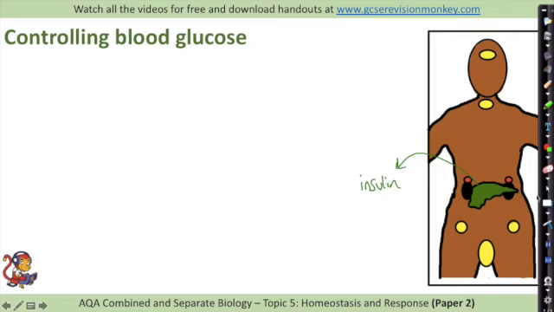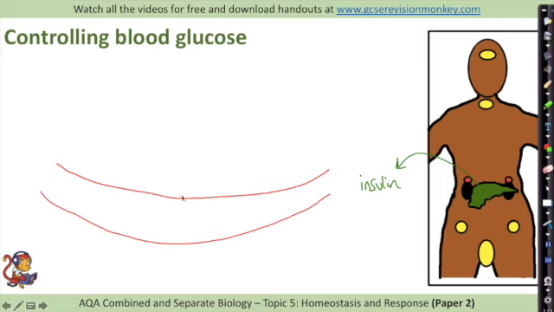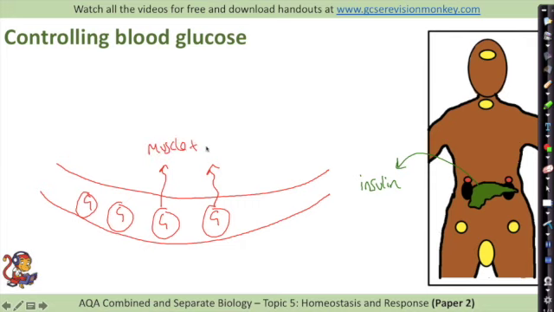It's something that your bodies will produce all of the time, and what the insulin does is, if there's too much glucose in your blood, I'll just represent the glucose by a G, the pancreas will start producing more insulin, and that will cause the glucose to go into your muscle and your liver cells.